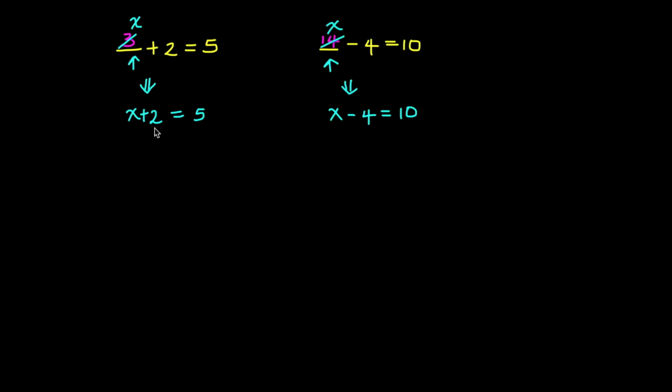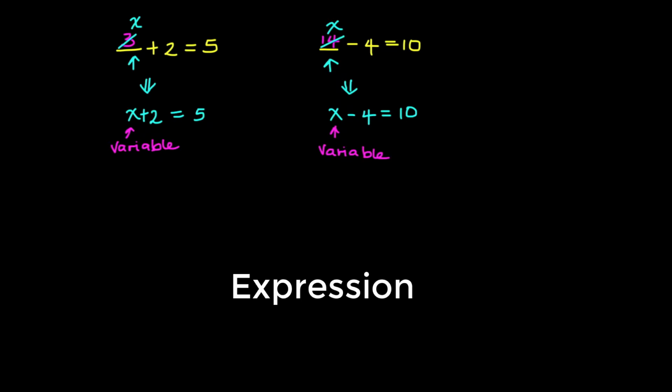And again, in this case over here, this is what is known as your variable. And similarly over here, this is also your variable. Again, a variable is any letter or symbol that is used to represent an unknown. So now that we have defined what a variable is, let's look at another term, and that term is an expression.